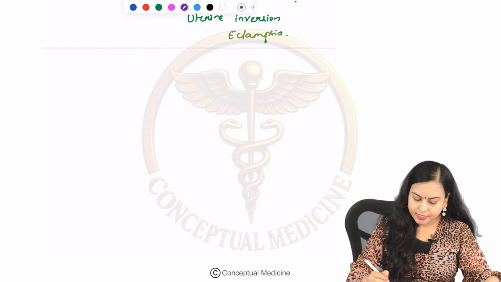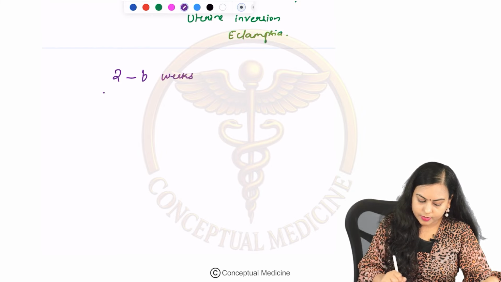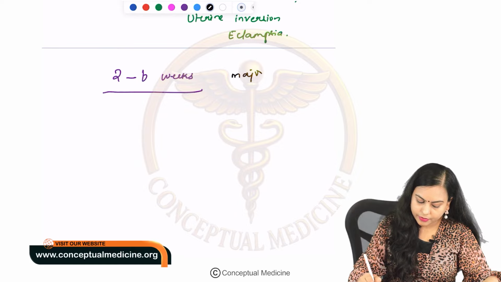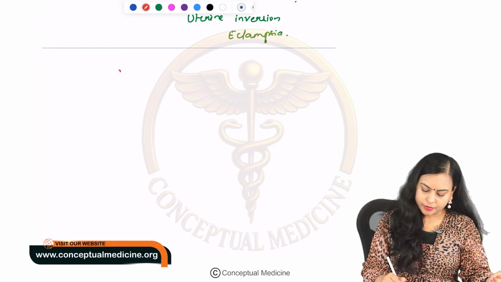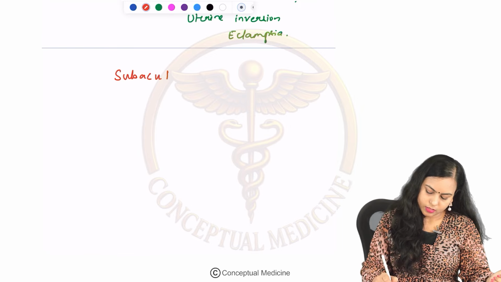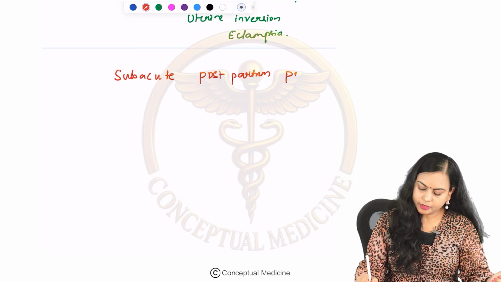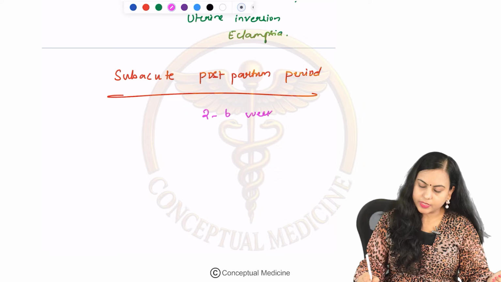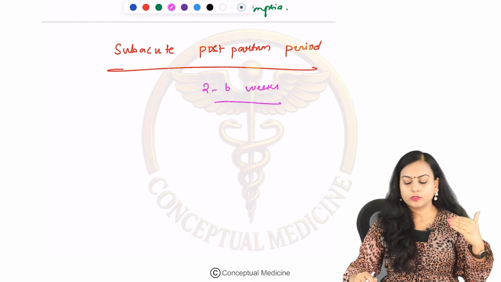And the second phase, which is seen between day 2 to 6 weeks approximately, the body will be going through many major changes here. Repeating once again, the second phase is the subacute postpartum period. So this is seen between 2 to 6 weeks. Here all the changes that have taken place in the pregnancy are going to get back to normal levels.